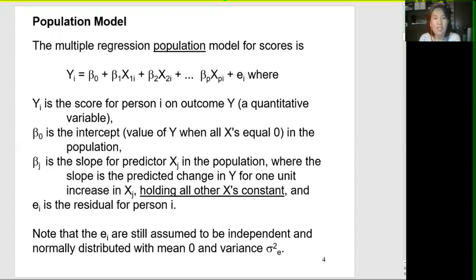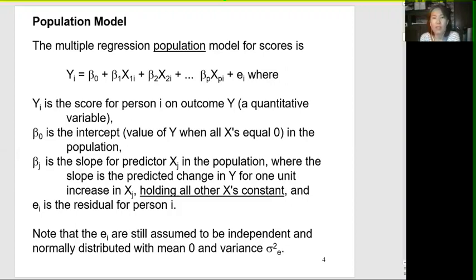Beta j is the slope for predictor Xj in the population, where the slope is the predicted change in Y for 1 unit increase in Xj. Okay, so holding all other X constant. So this part is Ceteris paribus. Controlling for all other factors, they are the same, right? And error, ei, is the residual for person i. Okay.